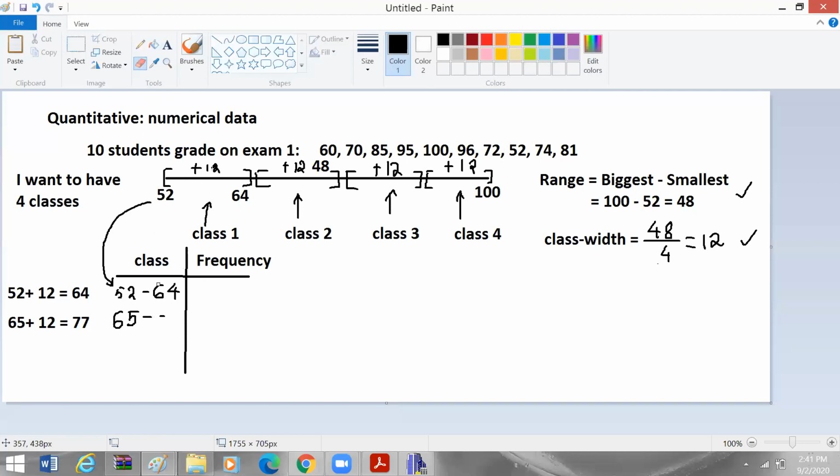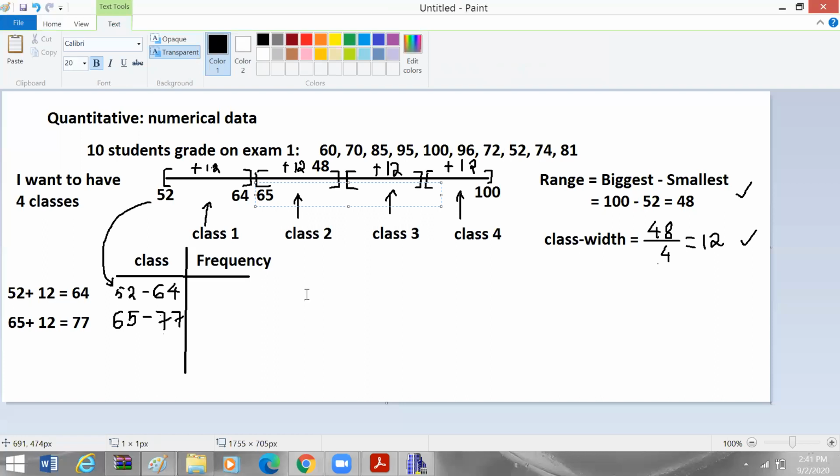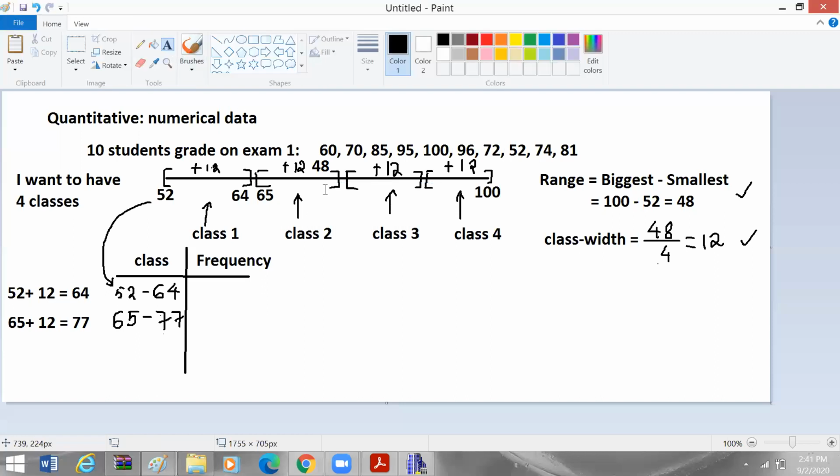This will be the second class. The range for this is 65 up to 77. All right, so 65 up to 77. I'm going to put them down right there.